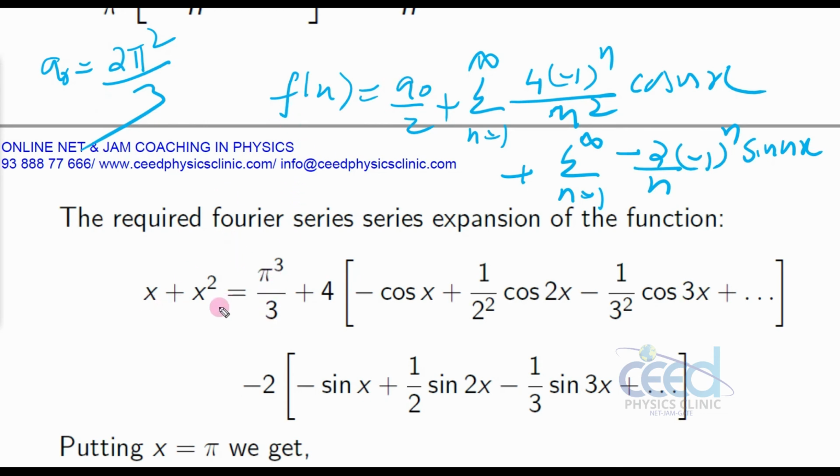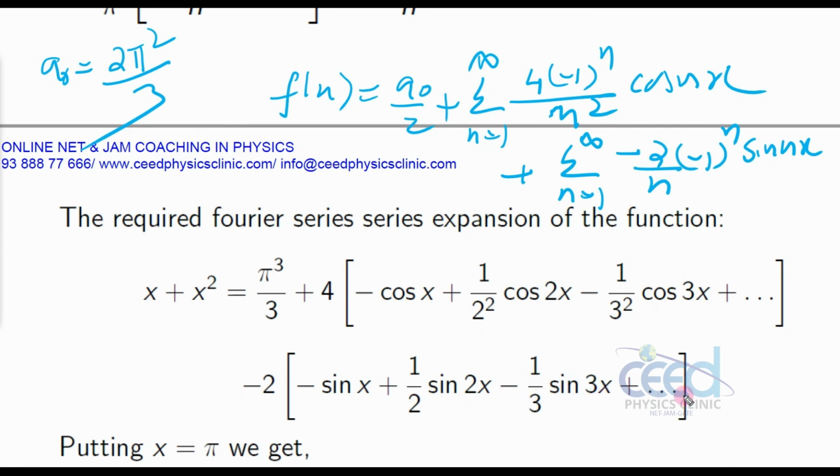So our f(x), which is x + x², equals π²/3 plus 4 taken out, and when I give n = 1, I get -cos x. For n = 2 the term becomes positive, so 1/2² cos 2x. For n = 3, I get -1/3² cos 3x, and so on. Plus sigma, with -2 taken out as we took 4 out here: -sin x + 1/2 sin 2x - 1/3 sin 3x, and so on.